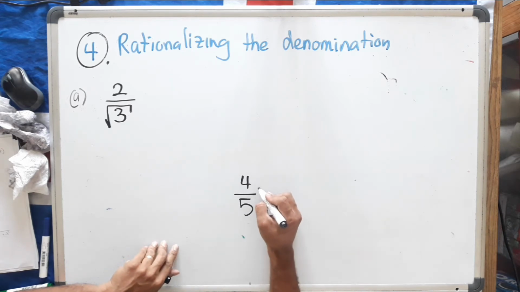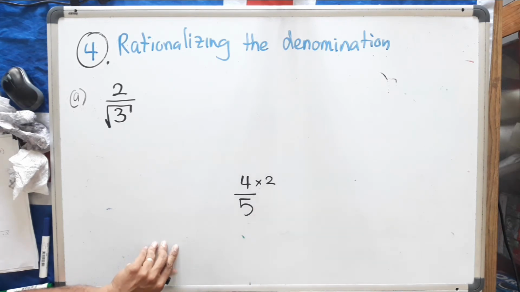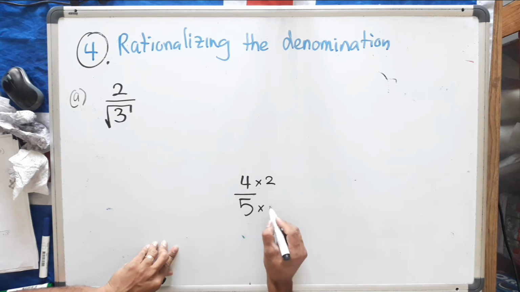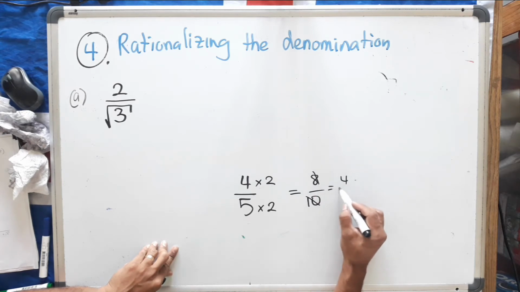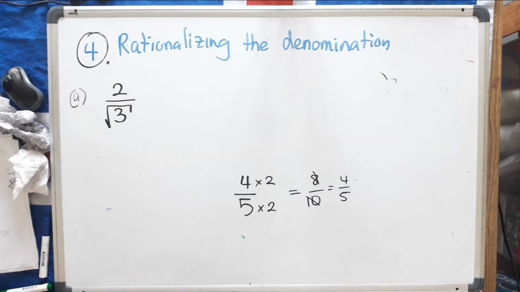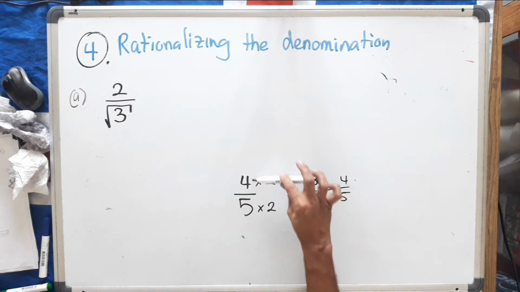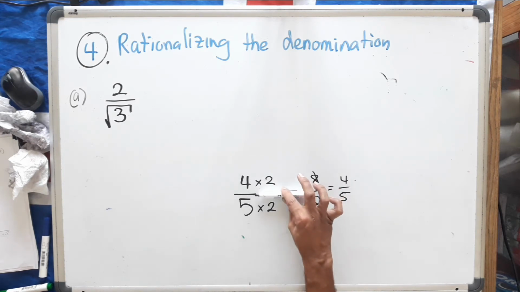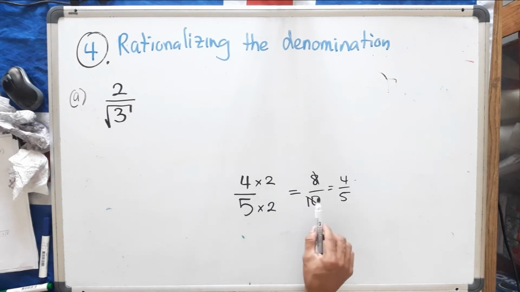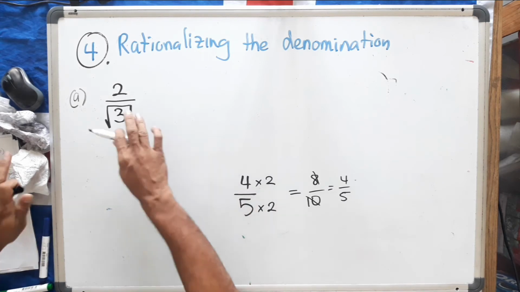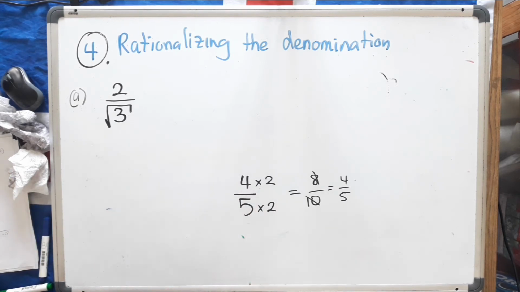If I decide to multiply the top by 2, not a problem. I just have to multiply the underneath by 2. I will get 8 on top and I will get 10 underneath. But if I simplify this, I will still get back my 4/5. All right? So by multiplying the top by a number and multiplying the underneath by the same number, you do not change the value of the fraction. Okay? So we're going to apply that concept here, and that's allowed in maths.